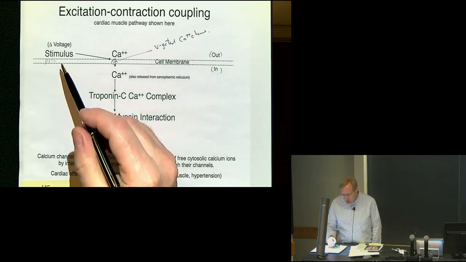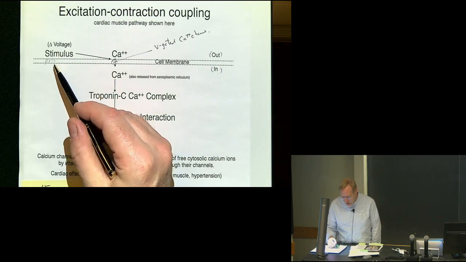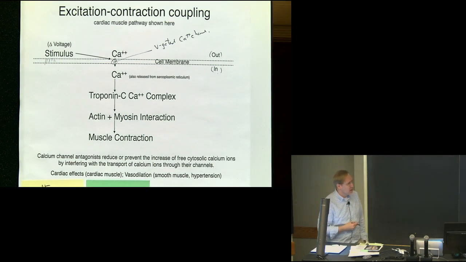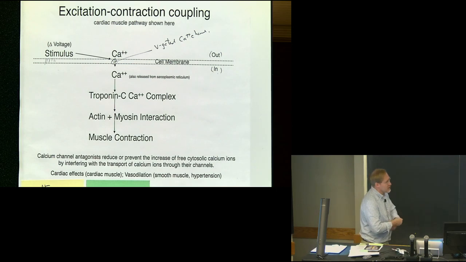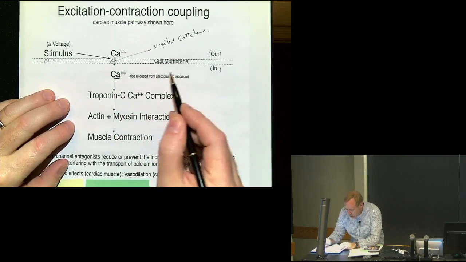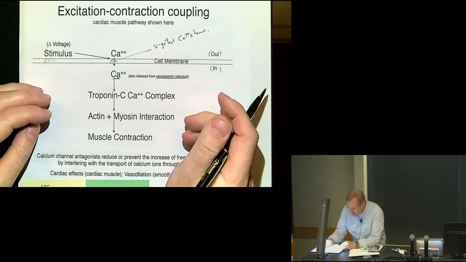But essentially, you'll get a voltage, a change in the charge balance across this membrane. One side will become more positive than the other side. That will trigger this channel to open, allow calcium ions to come into the cell. Also, that triggers the release of calcium from some intracellular stores that are stored up in the sarcoplasmic reticulum.